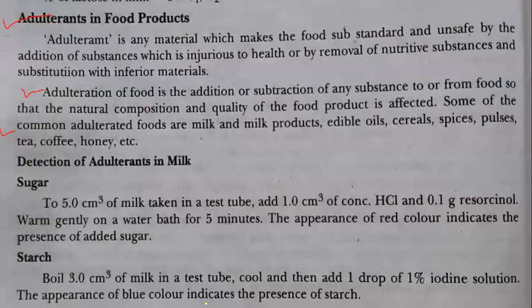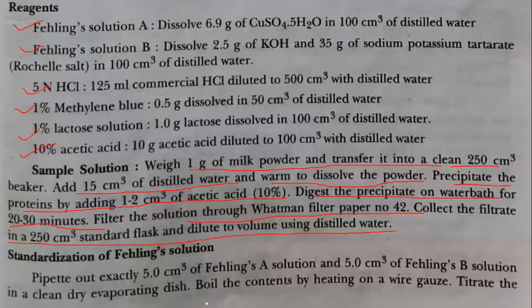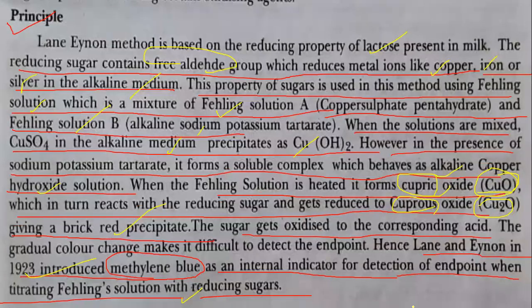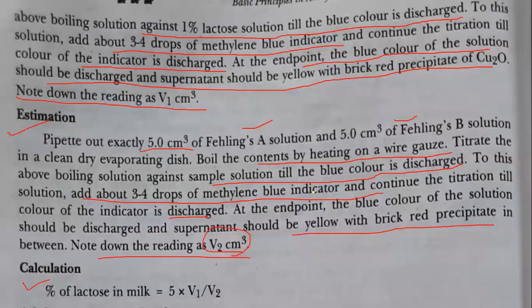Note down this reading as V1 ml. After that, pipette out 5 ml of Fehling's solution A and 5 ml of Fehling's solution B in an evaporating dish.